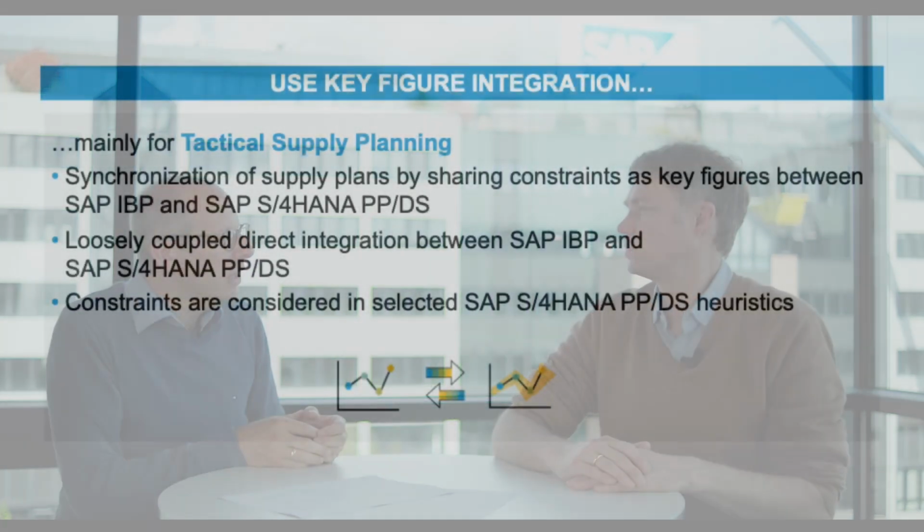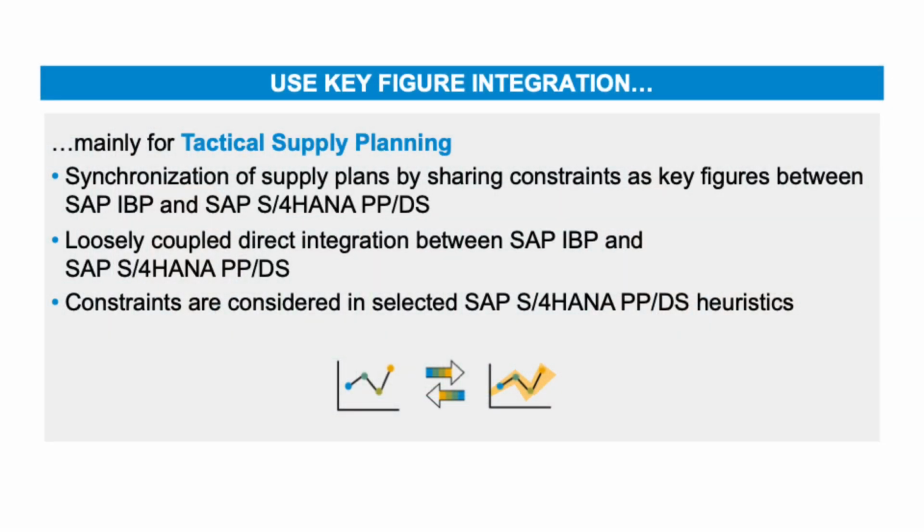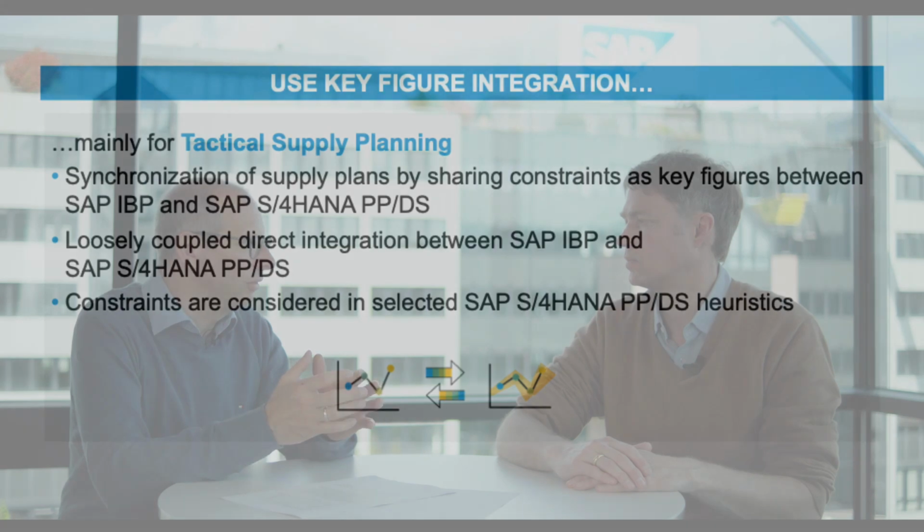Now, for the key figure integration, we are using the tactical supply plan and bring certain constraints out of this plan to production planning. Production planning should follow these constraints as well as possible, but due to many factors, it might also violate these constraints. So here we are talking about a loosely coupled integration, and you can also look at it as a policy-based integration.